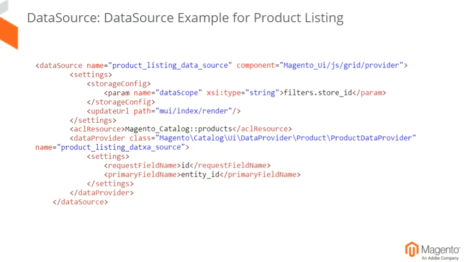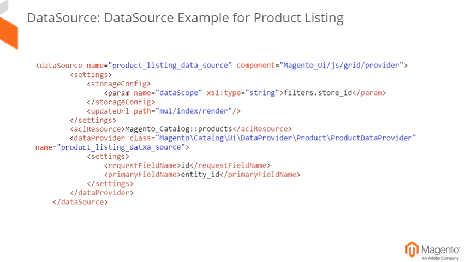Here is an example of the data source component configuration for product listing. You can see that it defines the data provider class. Usually, the data provider class is defined for each implementation of a UI component. Data sources usually have a name composed of two parts, instance_name and _data_source.